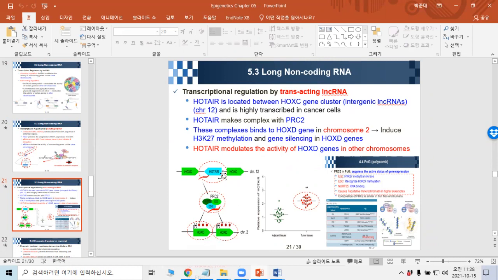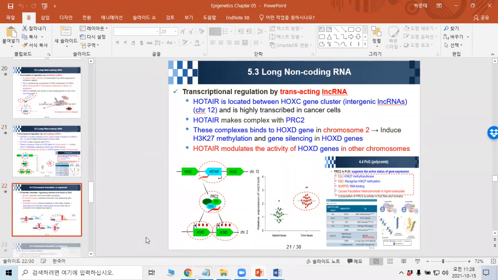So usually HOTAIR, this long non-coding RNA, is located between the Hox gene clusters. So they will make this kind of complex, and this complex will induce methylation in the HoxD gene in chromosome 2. So this is the trans-acting long non-coding RNA.